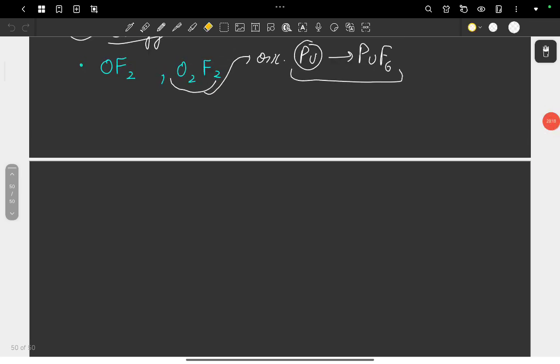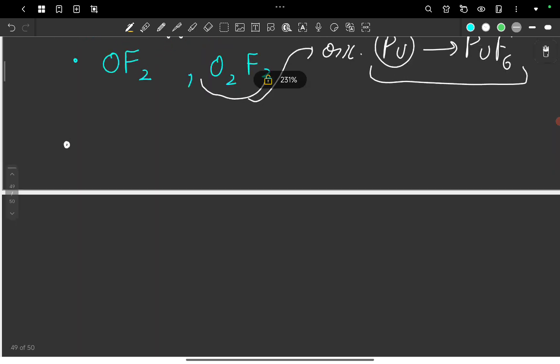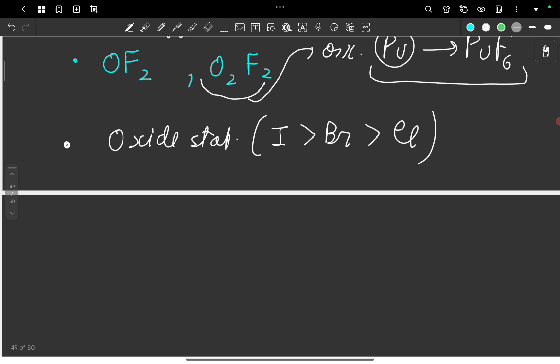Now, as a general trend, the oxides are more stable as we move from top to bottom, which means that oxide stability decreases in the order: iodine oxides being most stable, followed by bromine oxides, and followed by chlorine oxides.